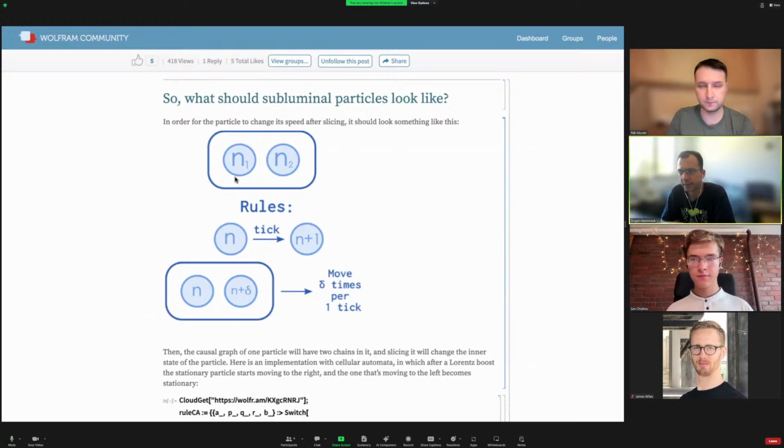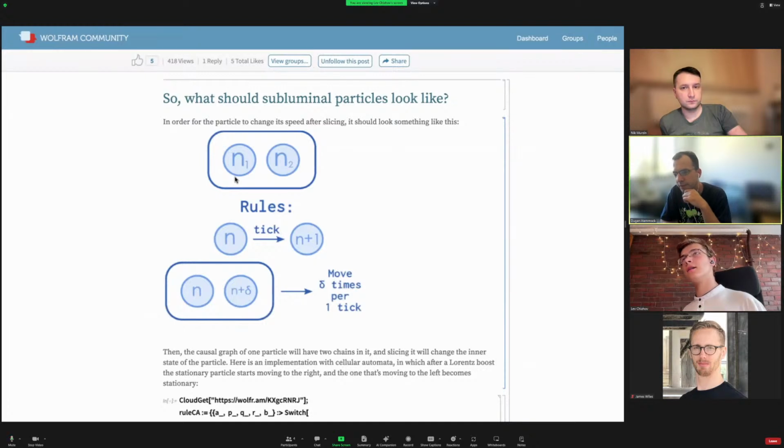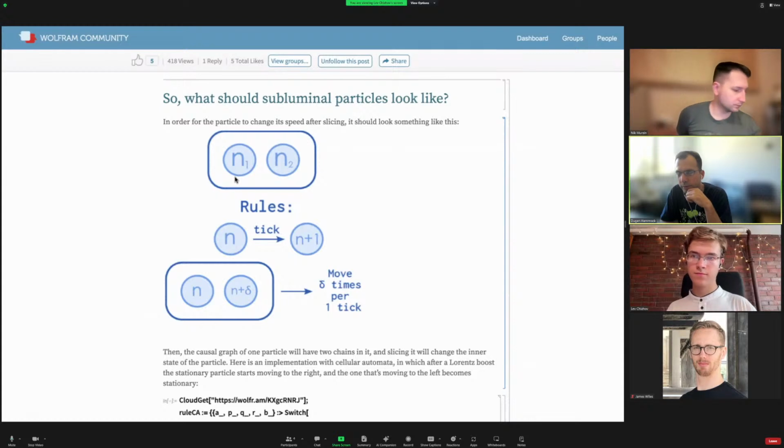I guess something that I just think about is if you have a hypergraph which represents space-time itself, and you have all the particles moving at the speed of influence at the same rate, right? And the ones that are stationary just have their momentum vector pointed straight up in the time-like axis. And then the ones that are moving with a space-like component have their momentum vector tilted mostly towards the time axis, but a little bit towards the spatial axis.